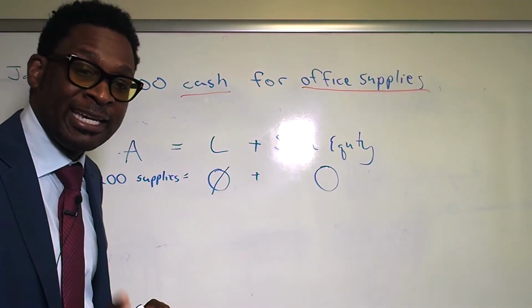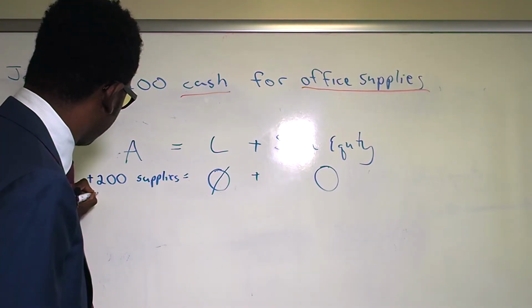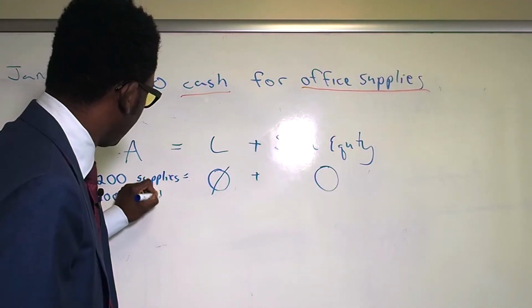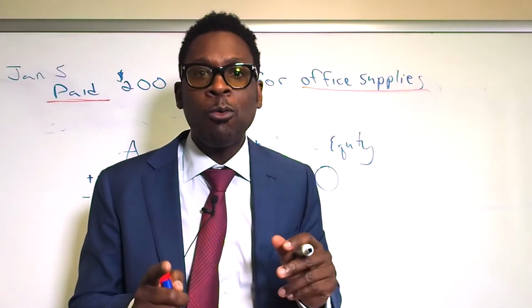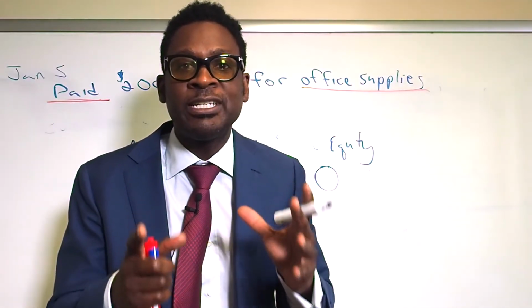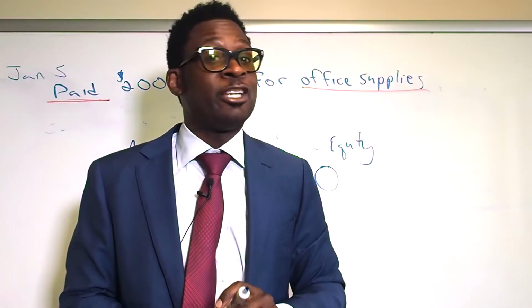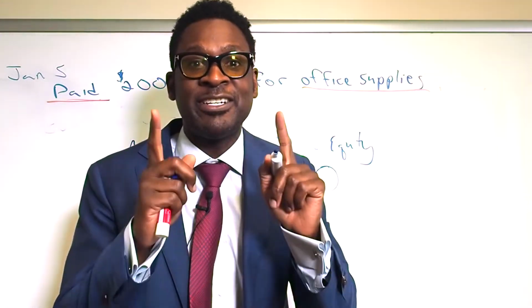But at the same time, gang, our assets also went down $200 under what account? The cash account. So, quick question. What was the effect on the accounting equation? What was the effect on assets? No change. Our total assets did not have an effect.